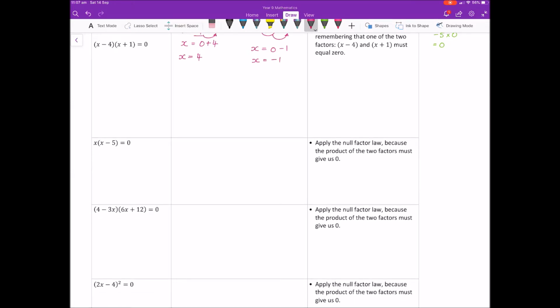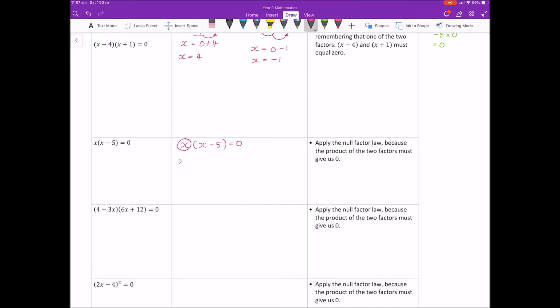So now let's take a look at the next example. I've been given x times x minus 5 equals 0. It's important to remember that even though it doesn't look like what you're used to seeing, which is x minus or x plus something in a bracket, this is still a factor.